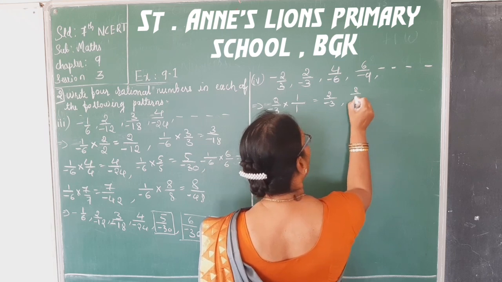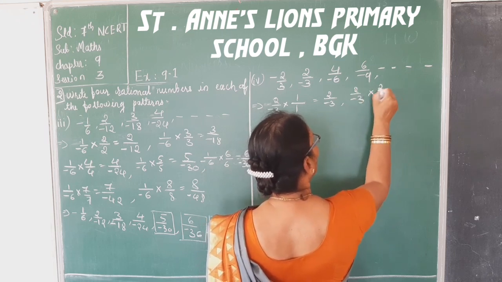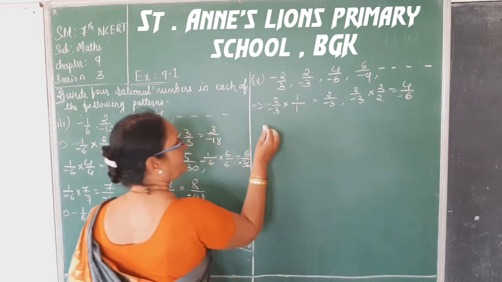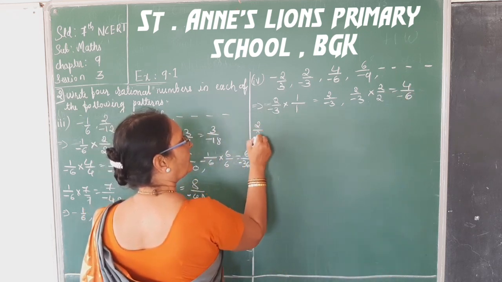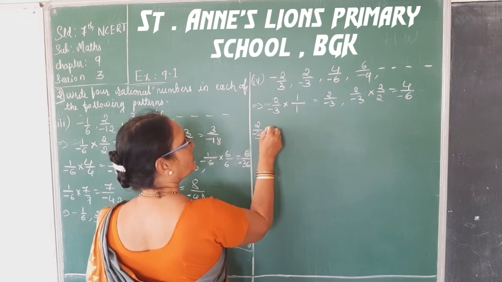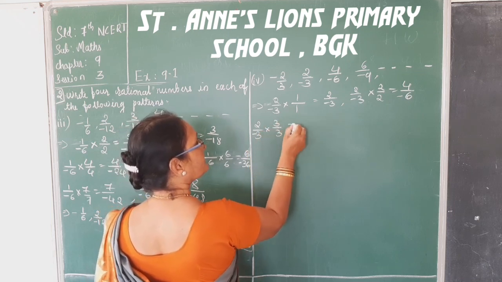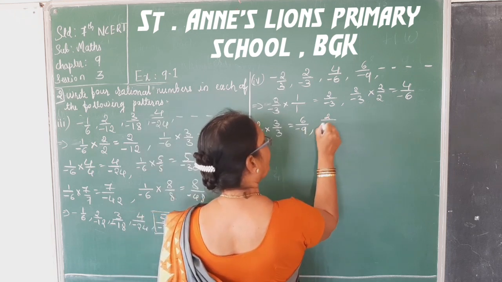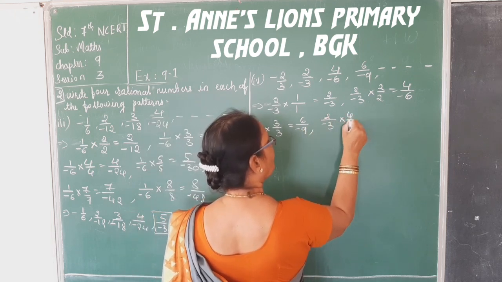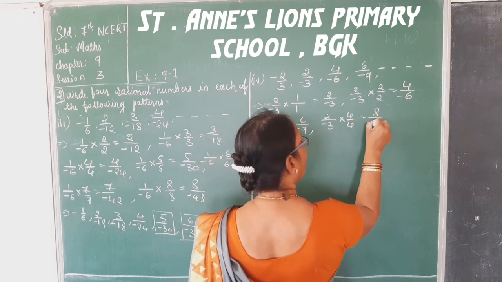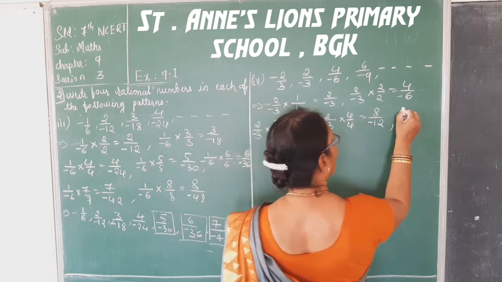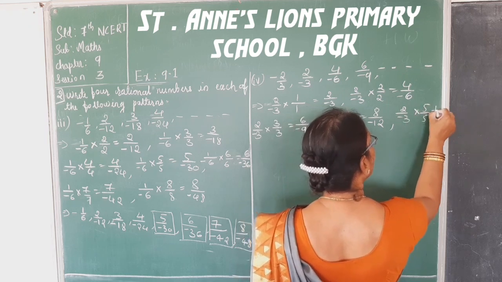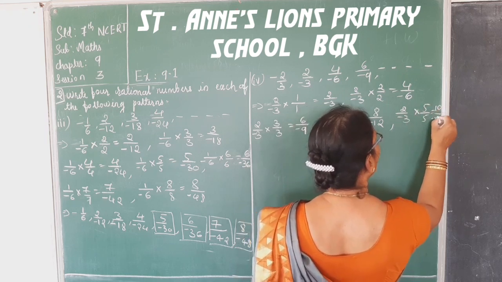Now 2 by minus 3 into 2 by 2 is nothing but 4 by minus 6. Next, 2 by minus 3 into 3 by 3 is 6 by minus 9. Next, 2 by minus 3 into 4 by 4 is 8 by minus 12. So 2 by minus 3 into 5 by 5 is 10 by minus 15.